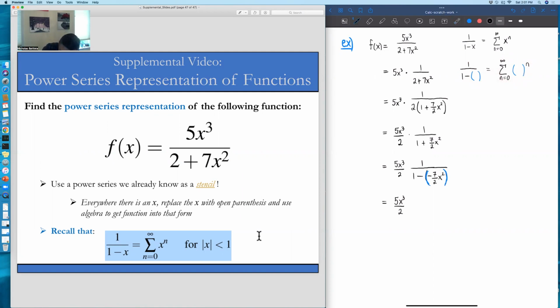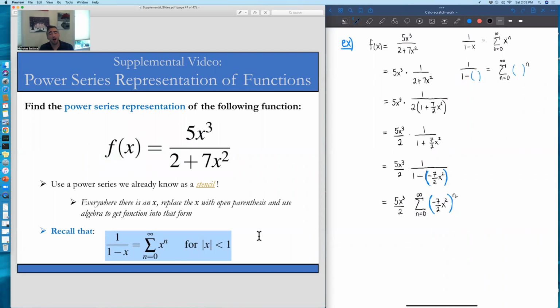So this is equal to the series n equals 0 to infinity of whatever we had in those parentheses in that denominator raised to the power of n. In this case, in that denominator, we had a minus 7 over 2 times x squared.